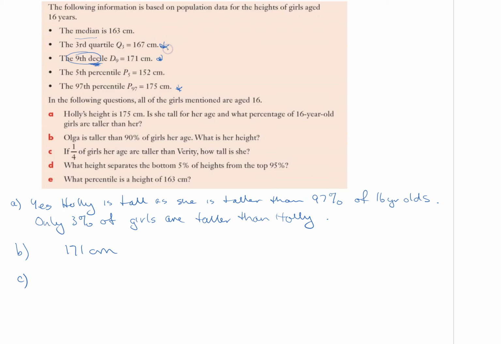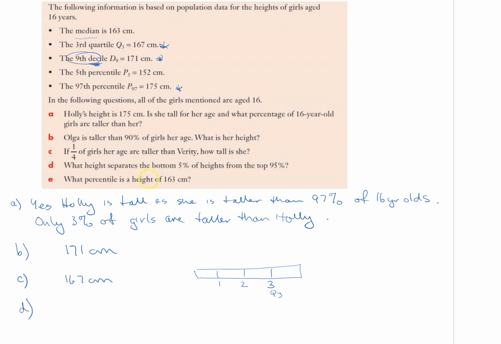So we're referring now to this measurement. So she must be 167 centimetres. Because Q3, we take the entire group, we break it into quarters, first quarter, second quarter, 3/4. And we know that's called Q3, or upper quartile.